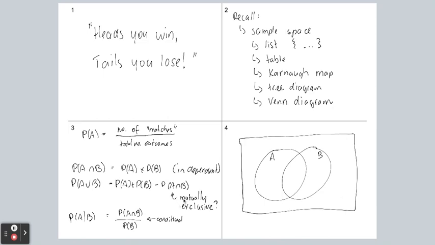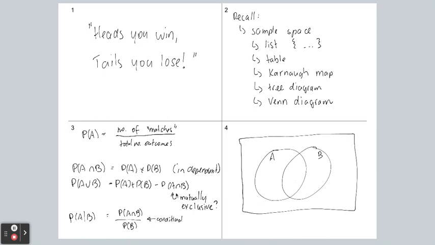Now, I've got a question mark here: mutually exclusive? What happens to the probability of A intersect B if they're mutually exclusive? 0, good. Who said it over this side? Tian, well done. Yeah, it's 0. I haven't represented this here. If I did, I'd just have nothing here, but really I'd have A as a circle and B as a circle with no overlap.